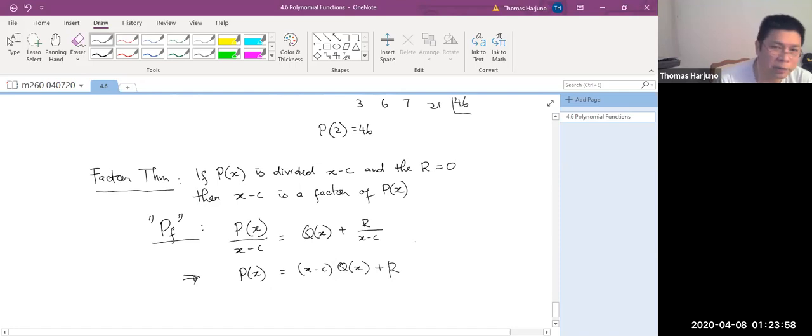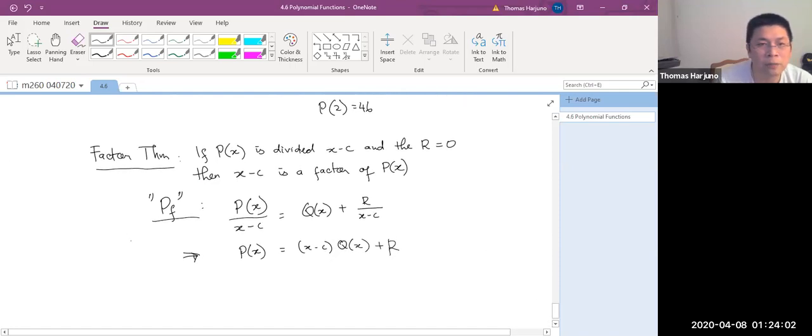Okay, that's still the remainder theorem. Now, the factor theorem says the following. Suppose r equals 0. Then what happens to the polynomial? P(x) equals x minus c times Q(x), right?